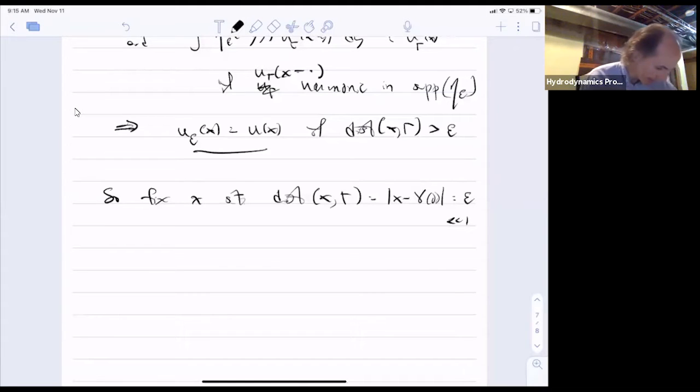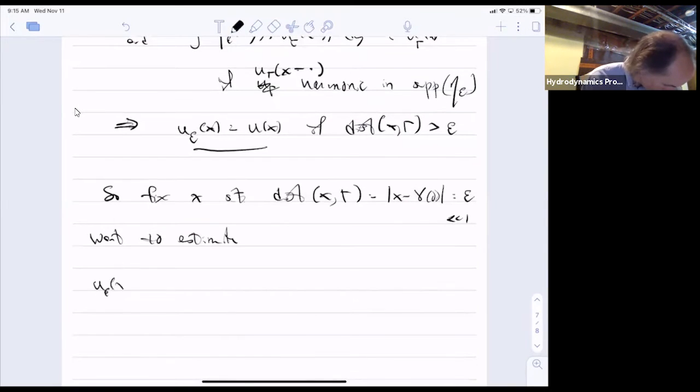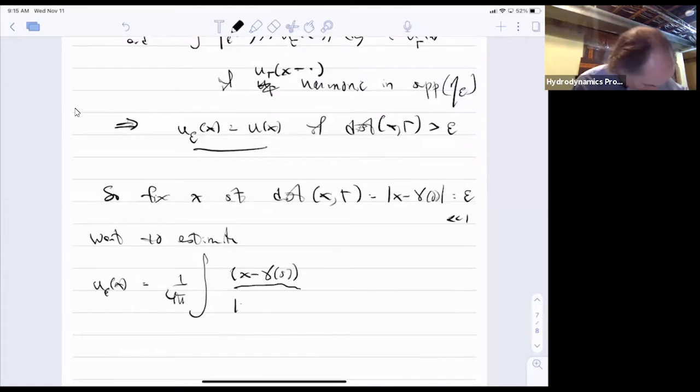And so we want to estimate U epsilon at x, which is just this formula we had from before, exactly the Biot-Savart kernel applied to the curve: 1 over x minus little gamma of s, the parameterization, divided by x minus gamma of s cubed, the cross product with gamma prime of s ds.